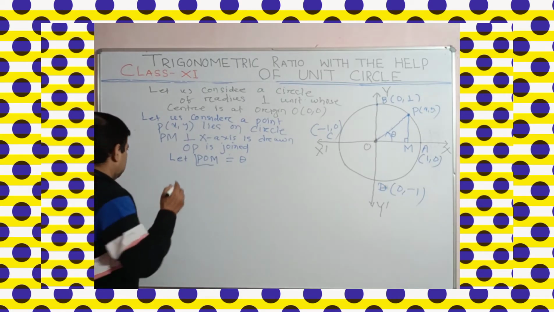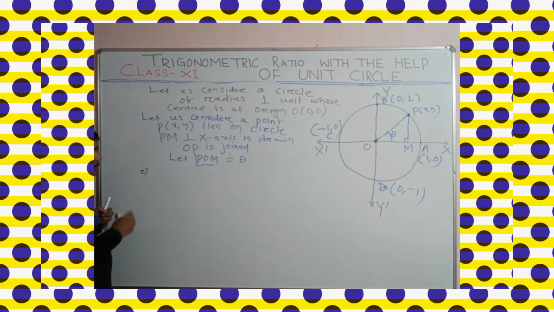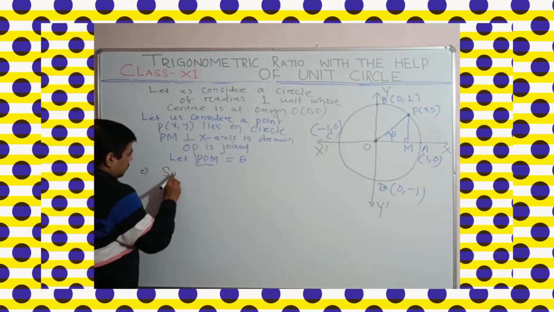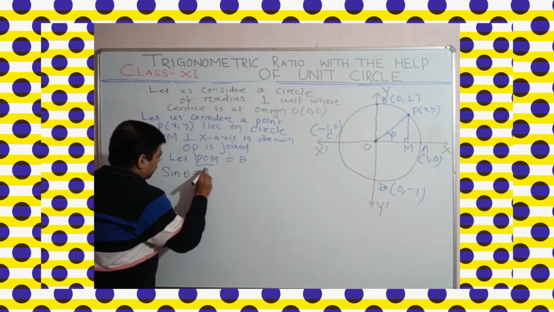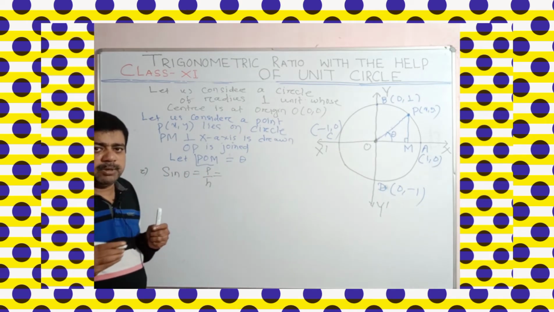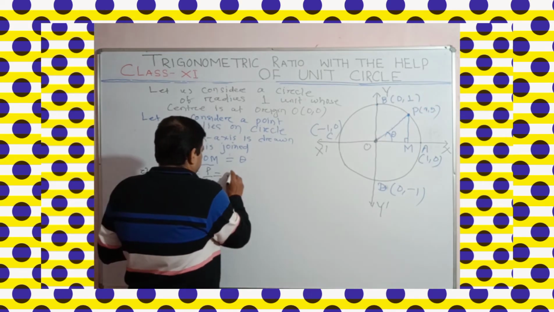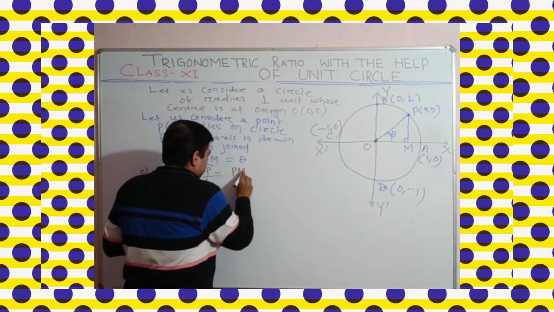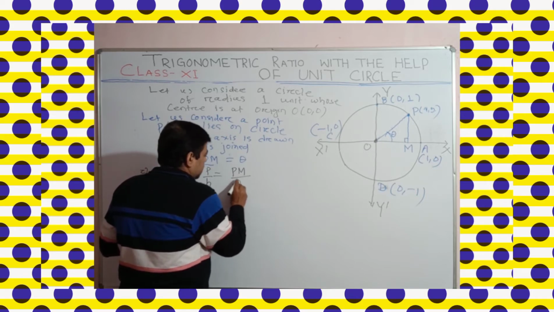Clearly you see, the first point is sine theta. All of you know sine theta is the perpendicular upon the hypotenuse, the side opposite to the acute angle by the hypotenuse. Your opposite side is PM and the hypotenuse is OP.